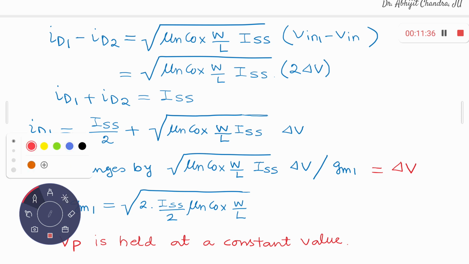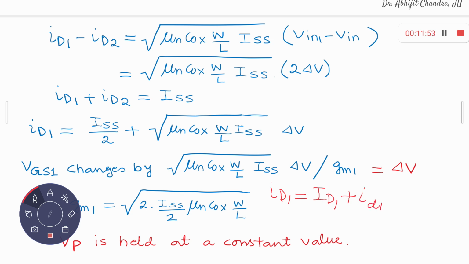Okay, so what I can write is this: the total instantaneous current ID1 is the DC current ID1 plus the small signal part, small id1.